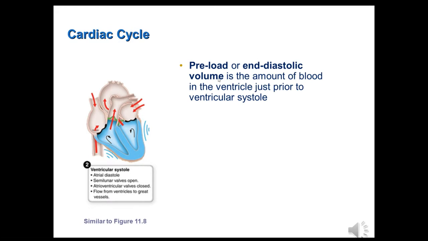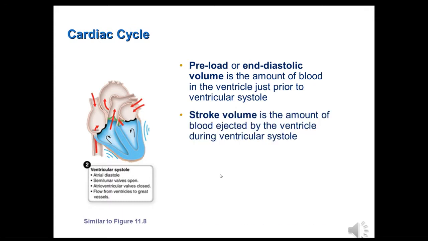So preload and end diastolic volume are the same, right? Stroke volume is the amount of blood that is ejected when these ventricles contract. So when they contract, whatever amount that is expelled, that is the stroke volume.